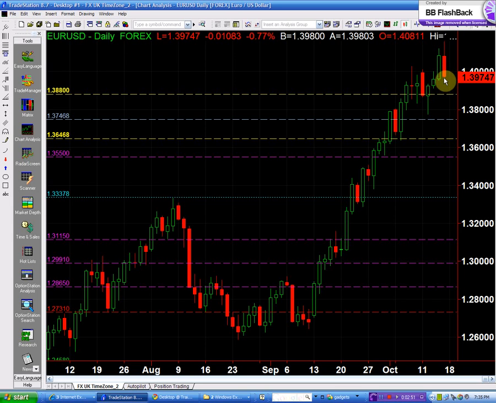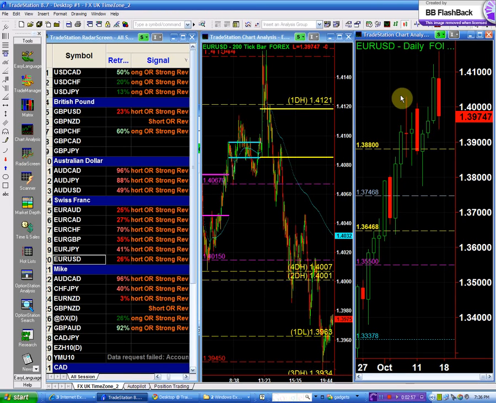But this pullback towards the end of the day, like we were talking today, guys, in the class, Andrew, or the guys that were with us in the class, that push towards the end of the day has to make us a little bit careful. So in this case, we want to make sure that it continues to the downside.